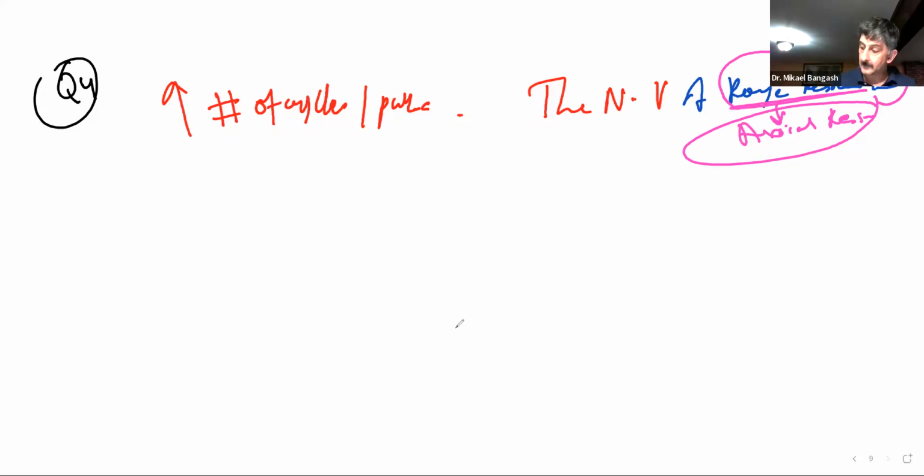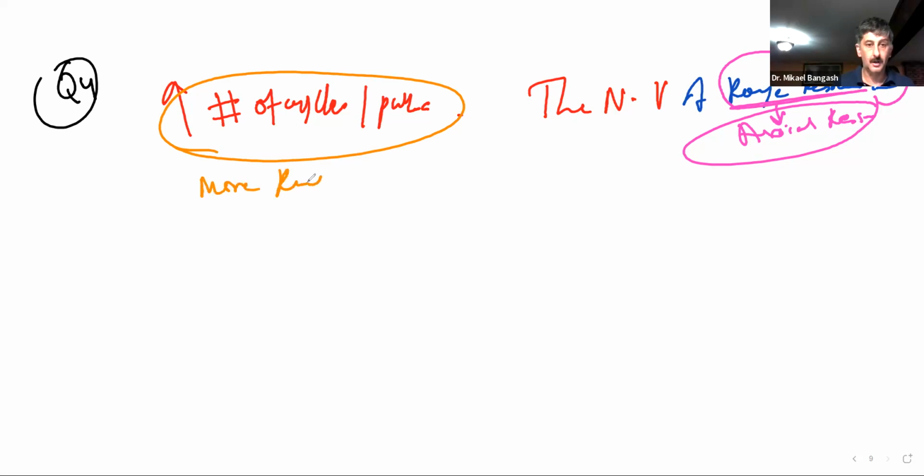It's going to be greater, lesser, or the same. Just keep in mind, girls, a greater number of cycles is the same as saying more ringing.